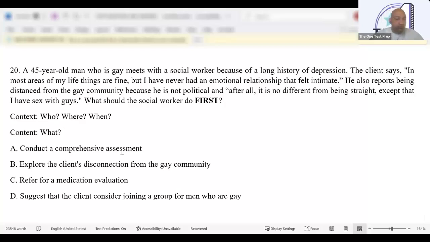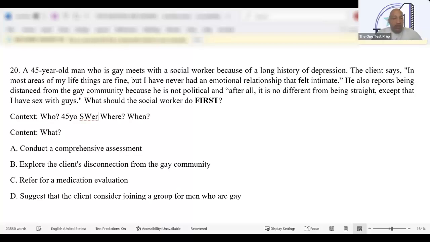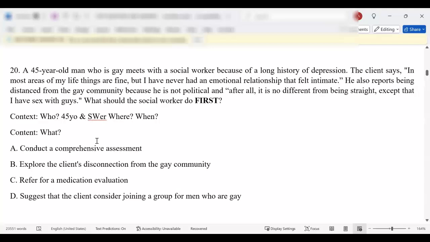Garrett, when you look at the STEM, who are the people involved in this STEM? The 45-year-old client and yourself. Okay, the 45-year-old client and the social worker. I should put an "and" in there because otherwise it looks like the 45-year-old social worker.